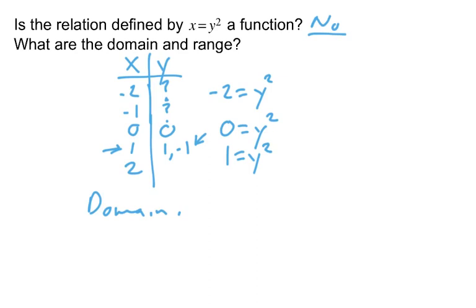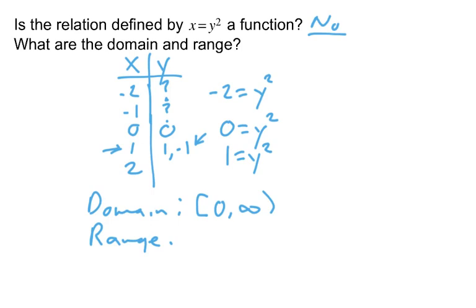Notice that we were not allowed to choose negative numbers for x. That tells me the domain is only from 0 to infinity, including the 0. That's okay. And the range, well, let's look at some values there. Notice that I'm getting both positive and negative numbers for y. As I choose larger values, I don't like 2 because it's not going to come out to be a pretty number.